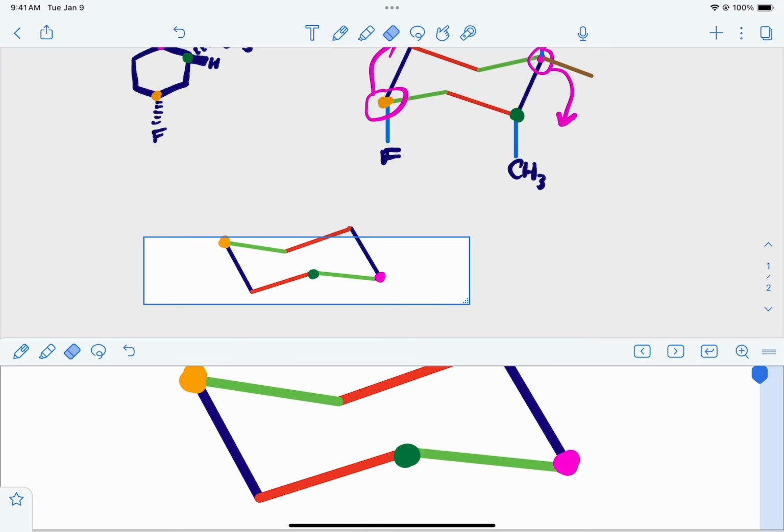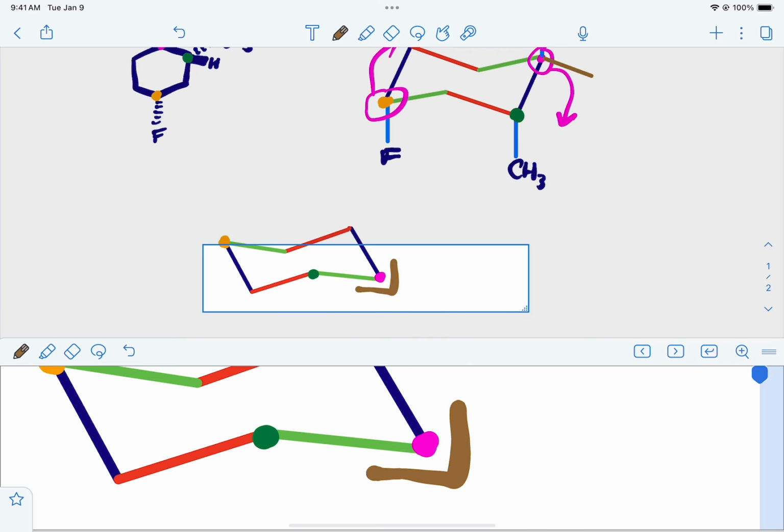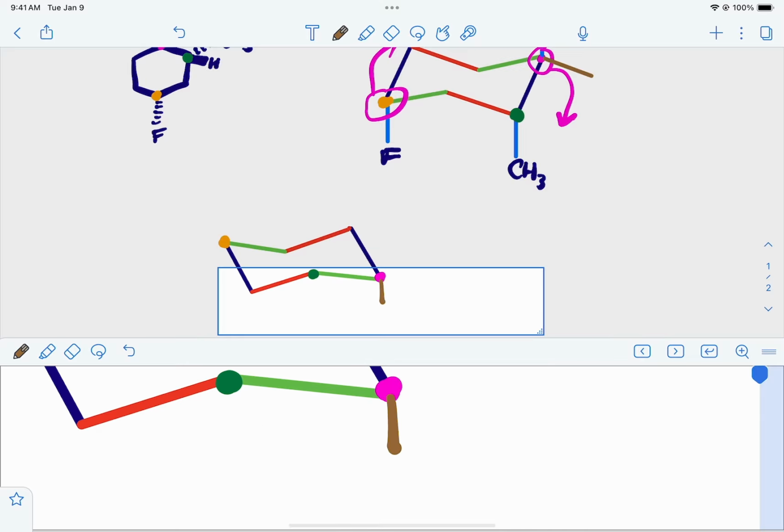All right, so let's figure out where our bonds are, where our axial and equatorial groups are. The downward facing vertex, remember this is a downward facing vertex, so it's going to have its axial group going down. So I'm going to make that straight down.